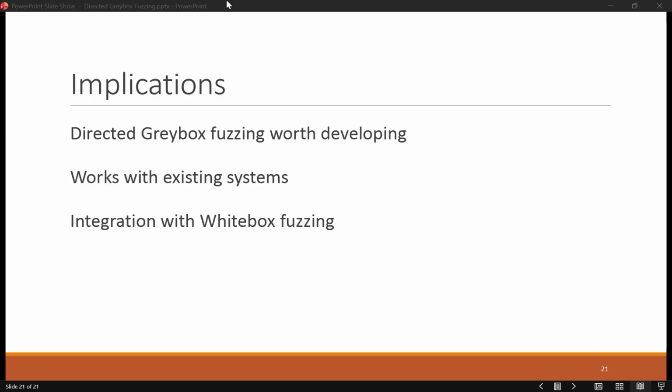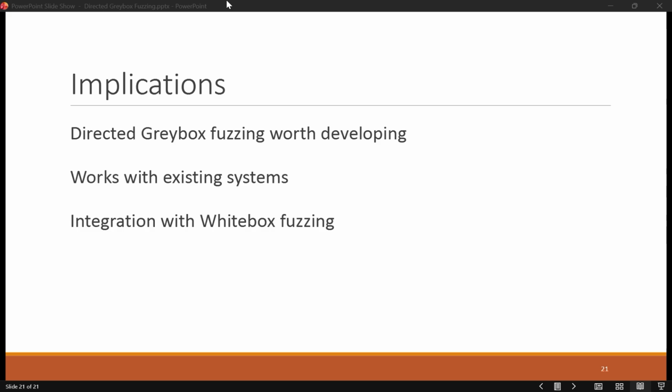So what can we take away from this paper? Well, as the paper has demonstrated, Greybox fuzzing is a technique that is definitely worth investing more time and research into. It is able to work better than a lot of current existing software, and it works well within existing systems.